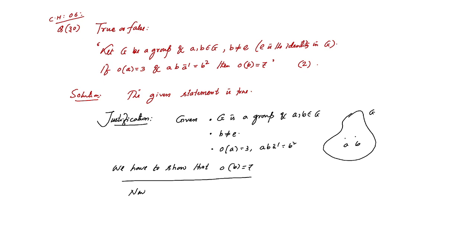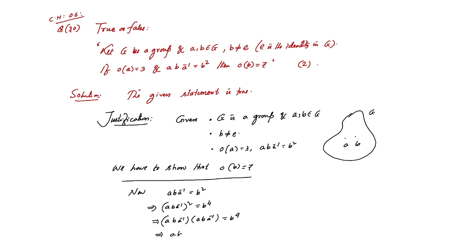Okay, so now we'll start from what is given, A B A inverse equals B square, and we just square both sides. What will happen? (A B A inverse) squared will be B to the power 4, that is A B A inverse A B A inverse equals B to the power 4.